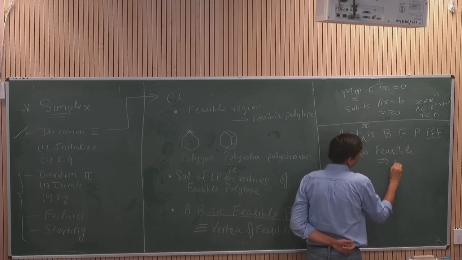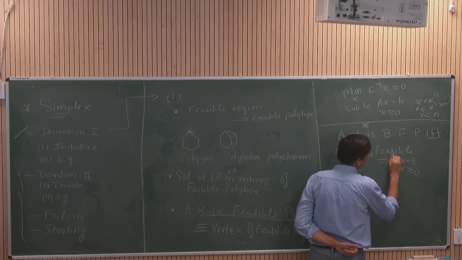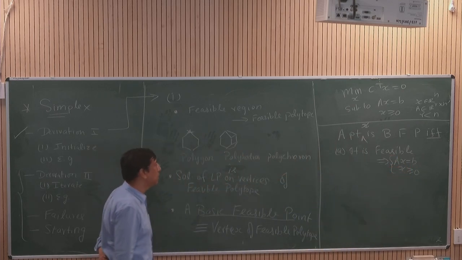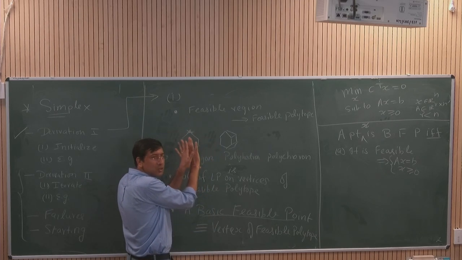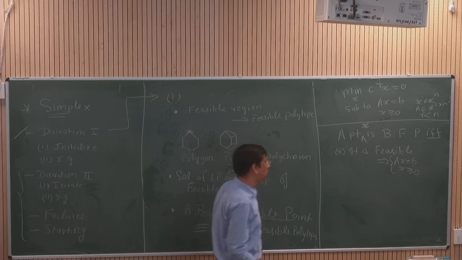When we say it is feasible, which means that it should satisfy Ax = b and x ≥ 0. This is trivial to write. This is obvious that it should be feasible. Means it's somewhere inside or on the boundary of the region. Now we have to get the handle to the boundary and the vertex specifically.